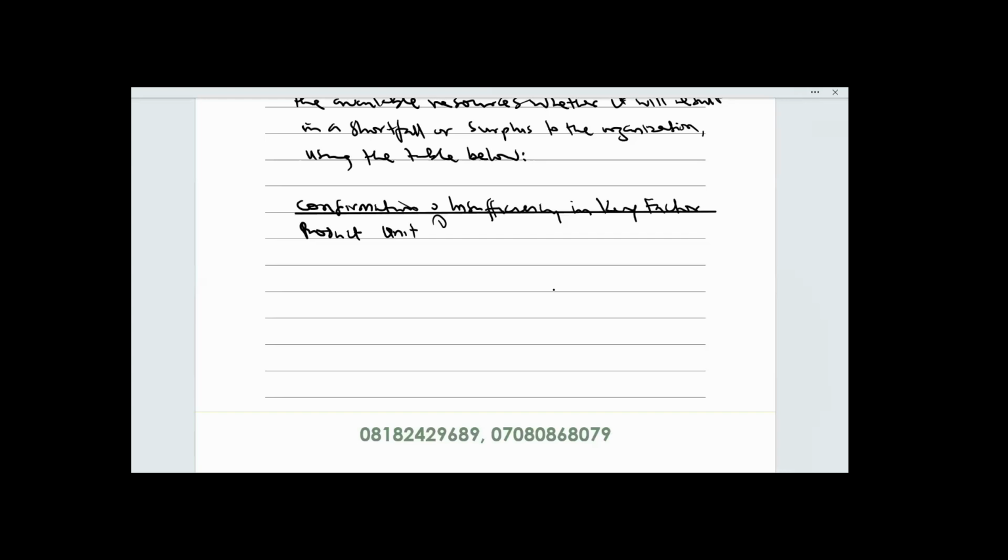Then key factor per unit, which could be material kilogram, labor hour, or machine hour per unit. Then we have total key factor.